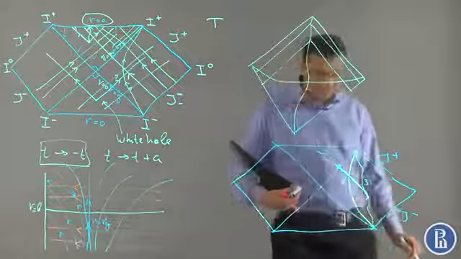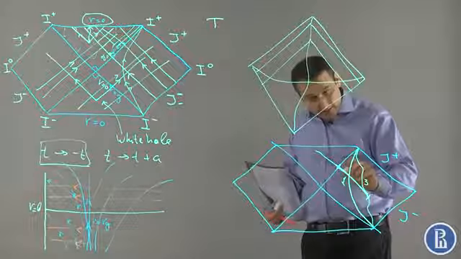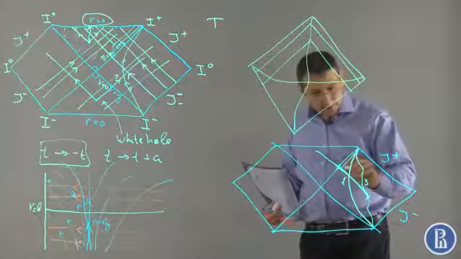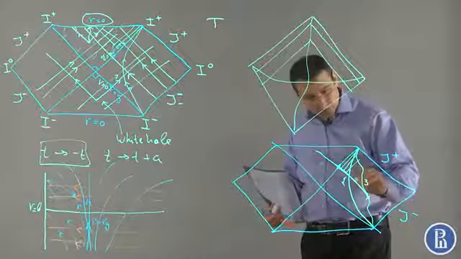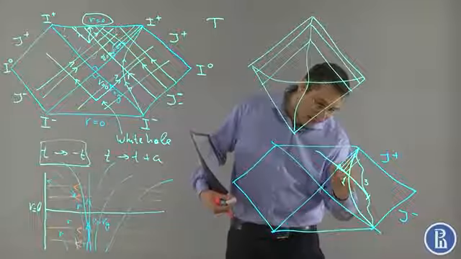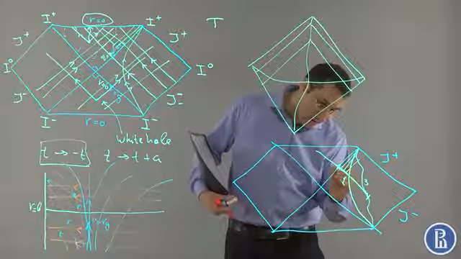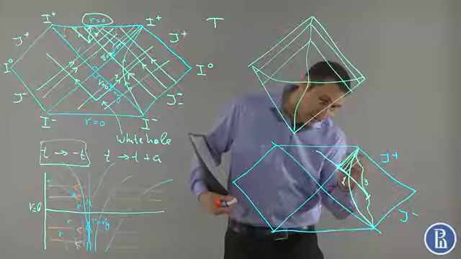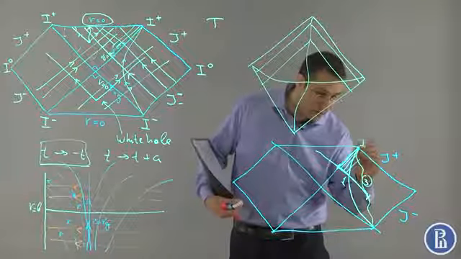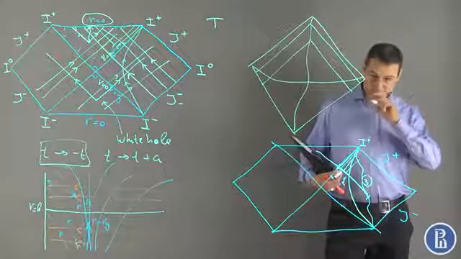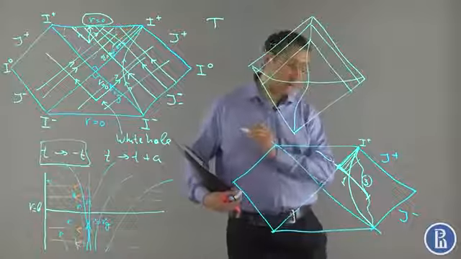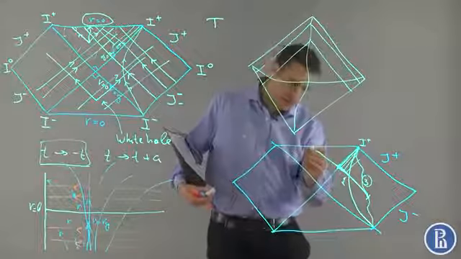But at the same time, one can see that this observer, which stays always outside of the black hole, will never see this object number 1 crossing the horizon. Indeed, the last light ray, which is emitted by this guy at the crossing of the horizon, will reach observer number 3 only at the future infinity. So that never happens. Although this guy takes a finite proper time to cross the horizon, and even actually to reach the singularity.